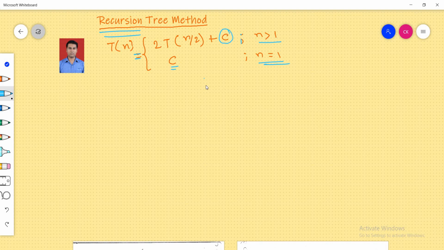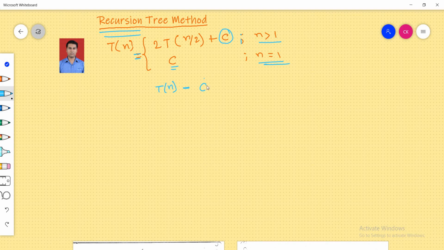analyze in this way. If we do c amount of work on a function T of n, then we are able to break this bigger problem into two small problems, each of size n by 2.